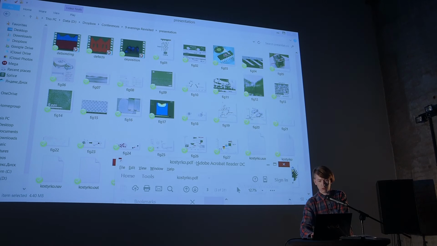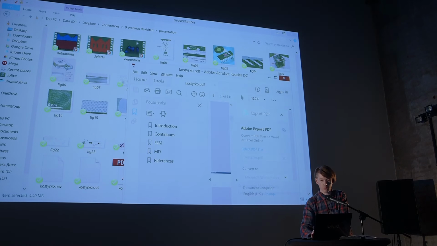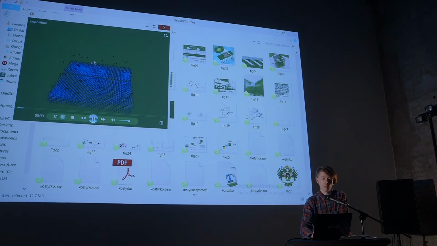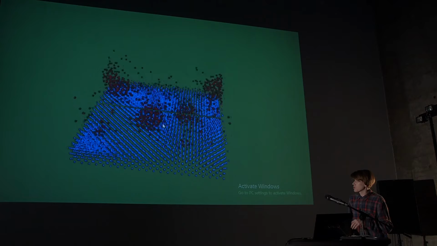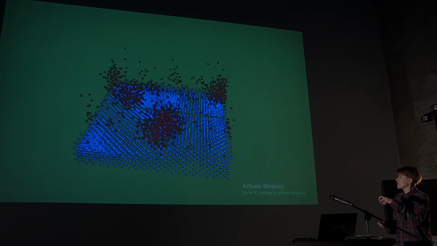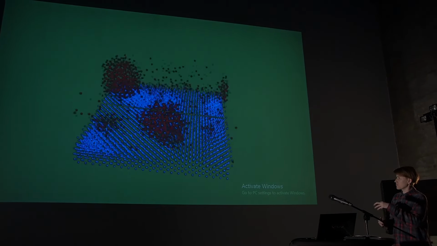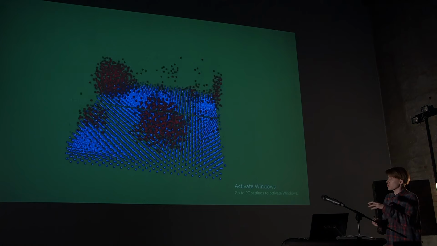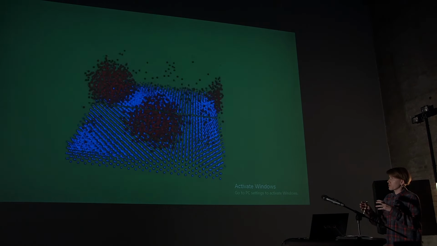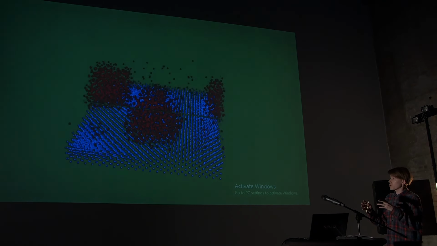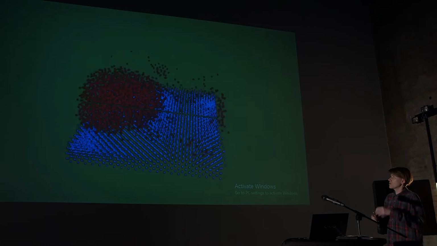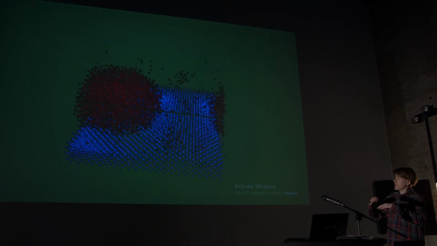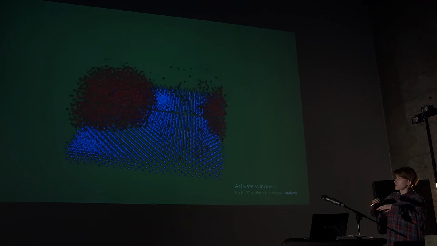It's a model. Here we go. It's looped. So atoms group in structures, in some clusters, and then these clusters group into bigger and bigger structures, and then we have the film on the substrate.